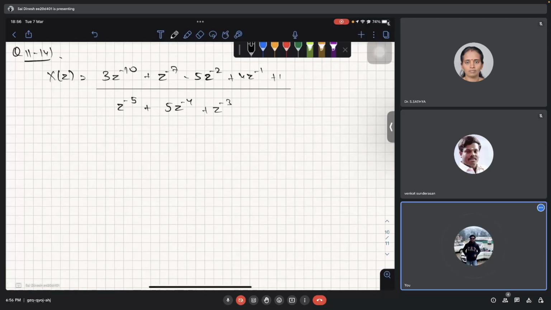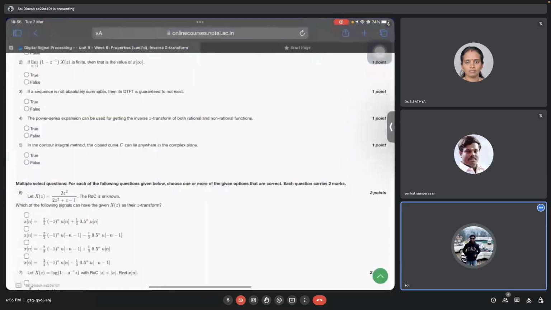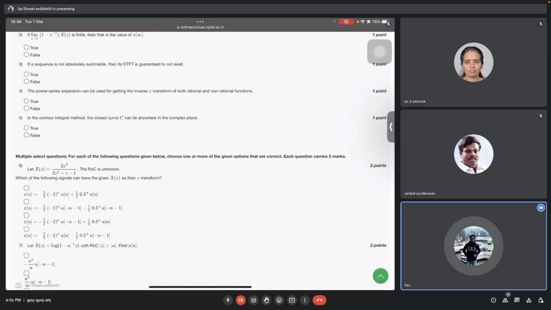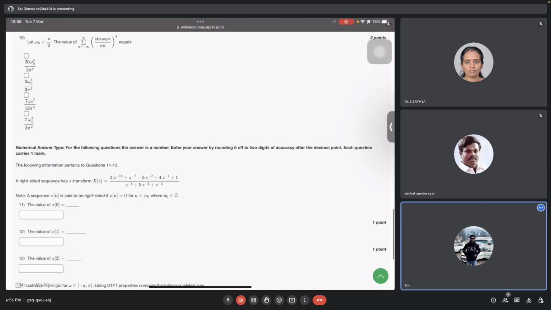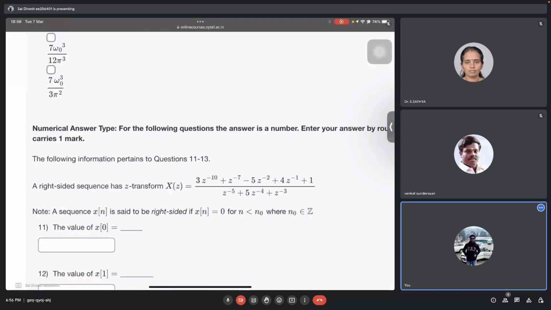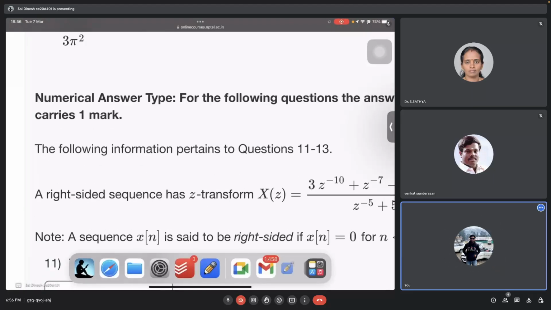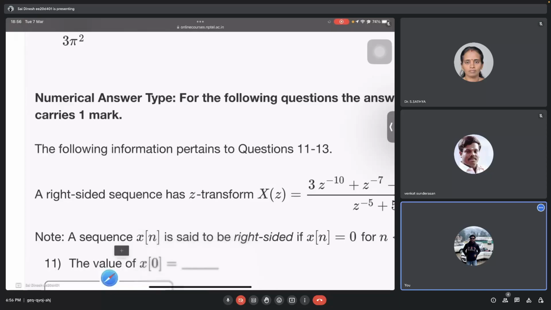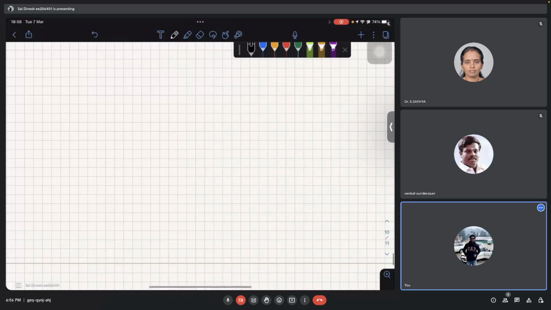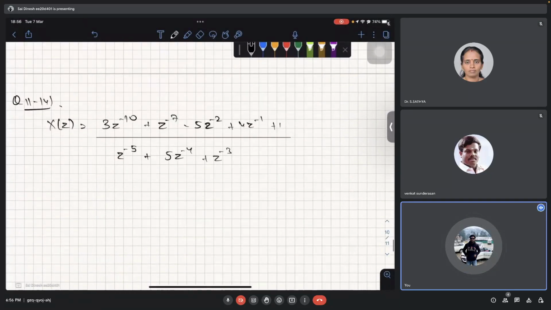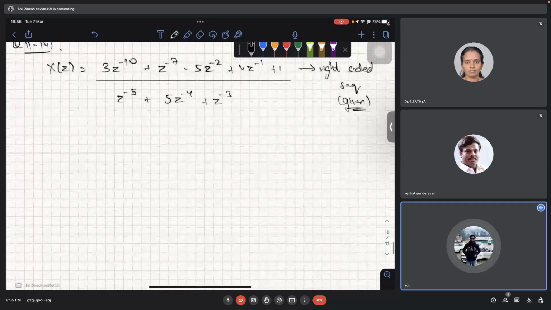Okay, and in the question it is said that it is a right sided sequence, right? Given it is a right sided sequence, it is given in the question.